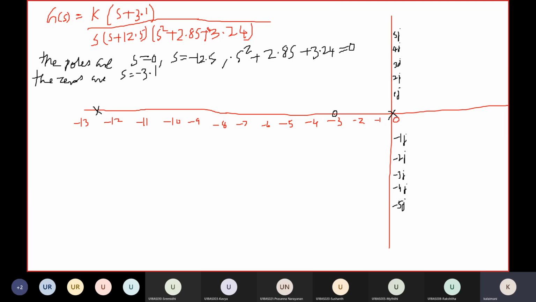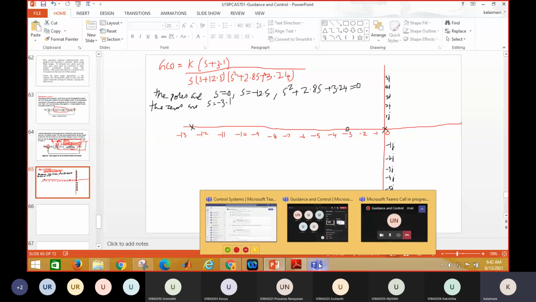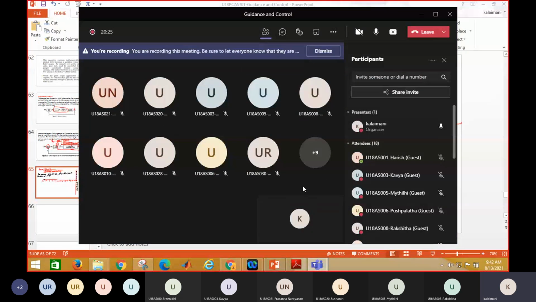Here s square plus 2s plus 3.24. Anyone please tell us what the root value is? Calculate it.